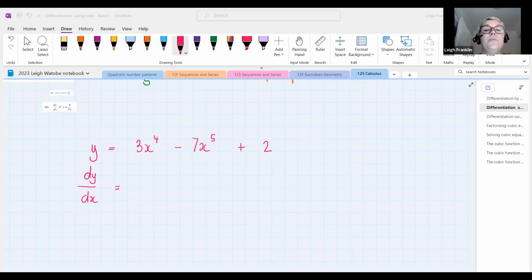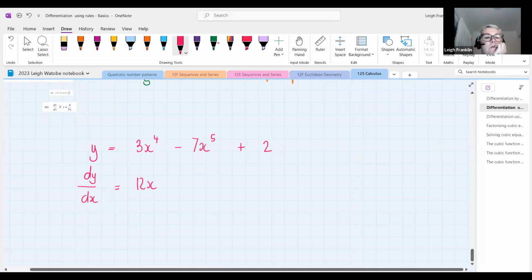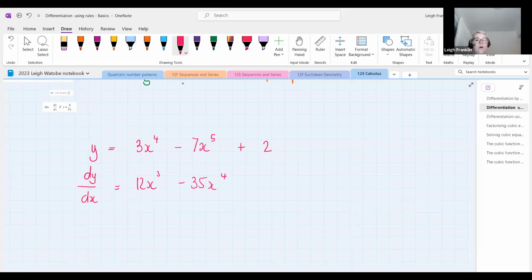Good job. Okay, Caleb, do you want to tell us what you wrote? I got dy over dx equals 12x to the power of 3 minus 35x to the power of 4. Fantastic. Okay, good job. Well done.